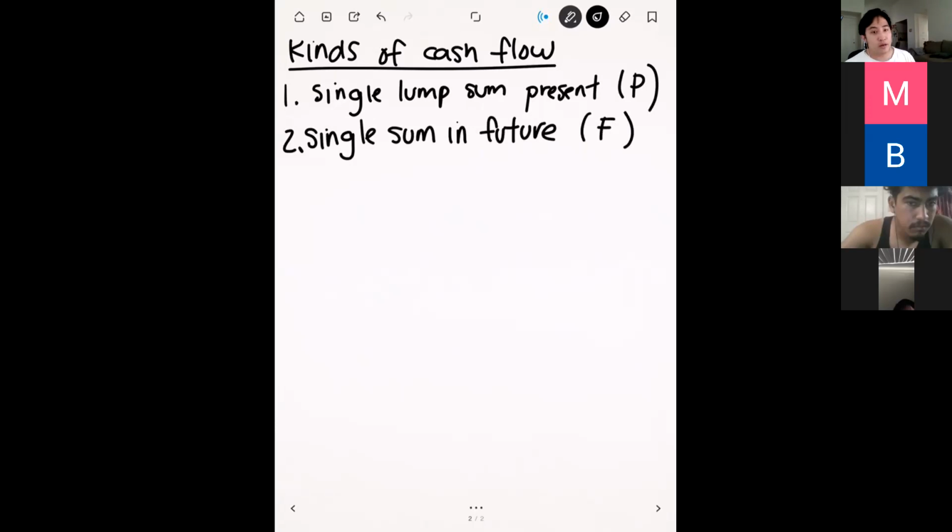Another, the second type of cash flow that we went over was a single lump sum in the future. Okay? I remember we went over that formula between P and F, where the money that you have now will be worth more in the future because of the interest rate.